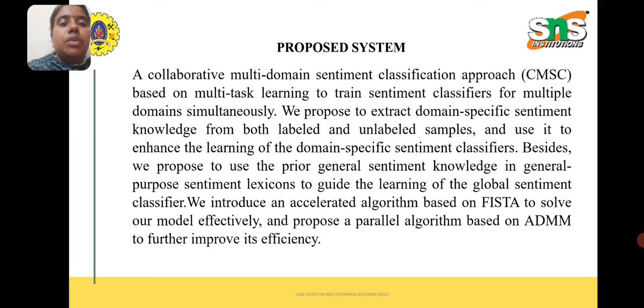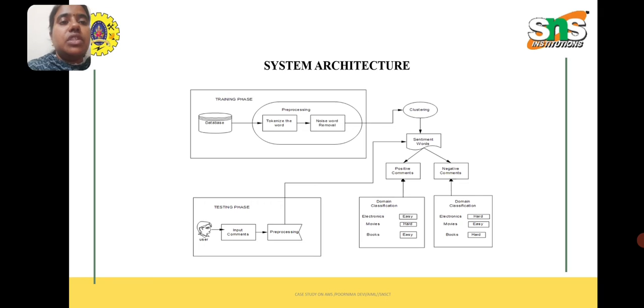Besides, we propose to use superior general sentiment knowledge in general purpose sentiment lexicons to guide the learning of the global sentiment classifier. We introduce an accelerated algorithm based on FISTA to solve our model effectively and propose a parallel algorithm based on ADMM to further improve its efficiency.